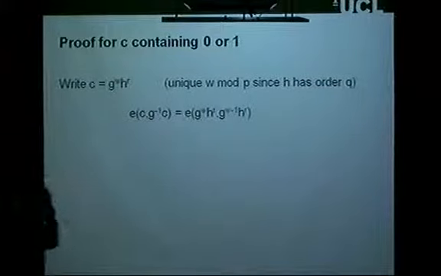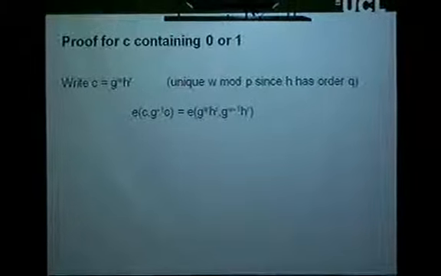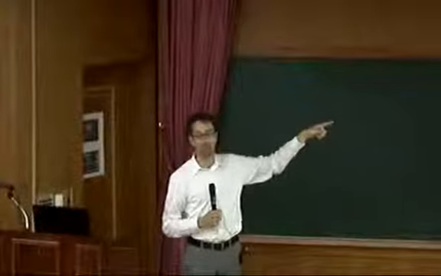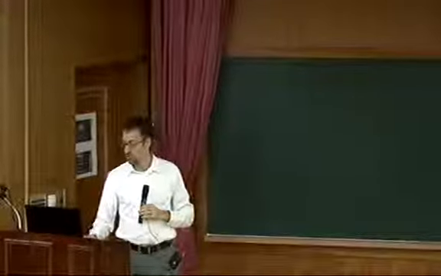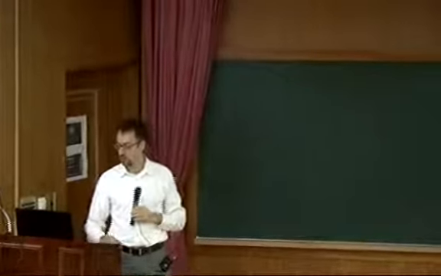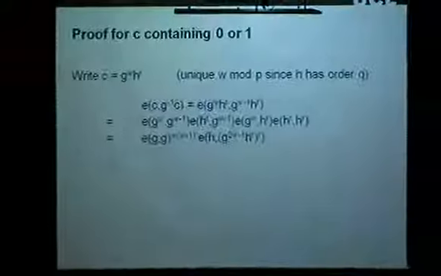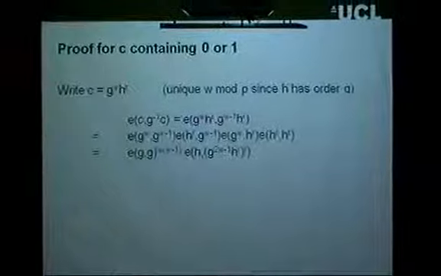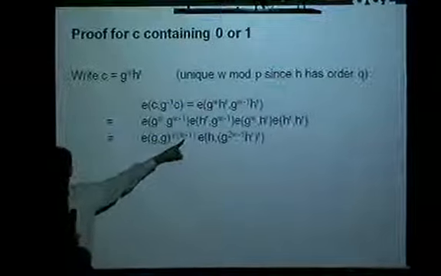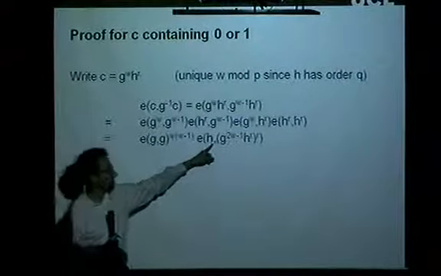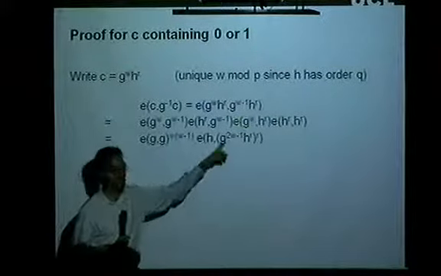On the other hand, if w is anything else, we'll see that it doesn't have order q. So basically the strategy is to look at this pairing and then try to convince the verifier that it has order q. Doing some further computations, we can see that this thing here is actually equal to w times w minus 1, and then we have h with something else. So this one automatically has order q.